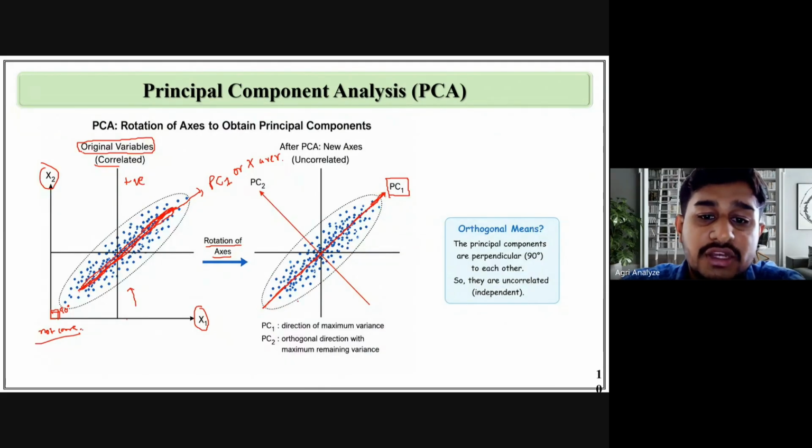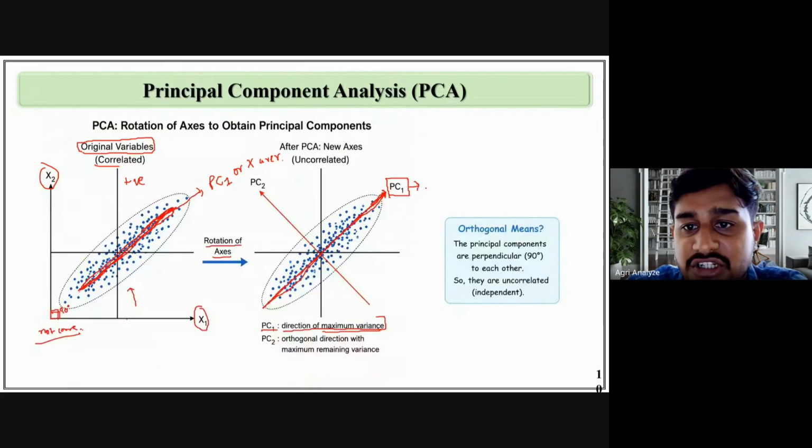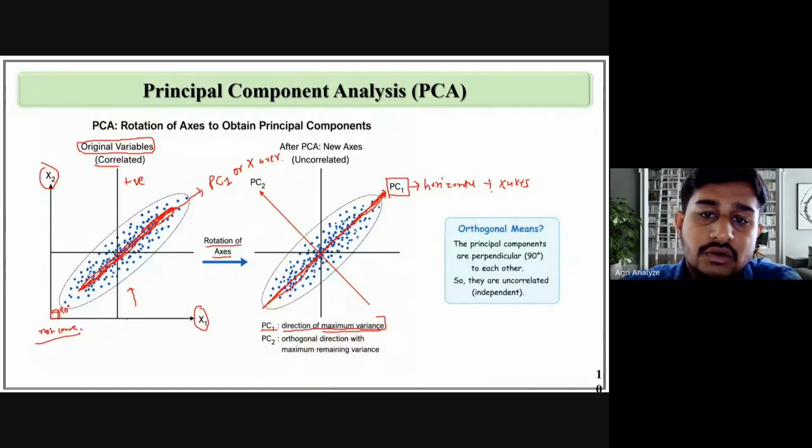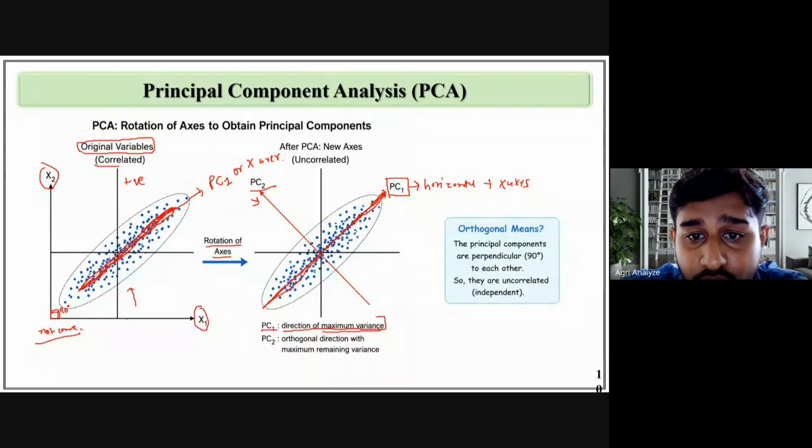Now it is PC1. The PC1 direction is always the direction of maximum variance. So here the variance between our two variables shows in this direction. This is PC1, now considered the horizontal axis or x-axis. Now for PC2, we have to make the y-axis, or PC2 axis, orthogonal to PC1.